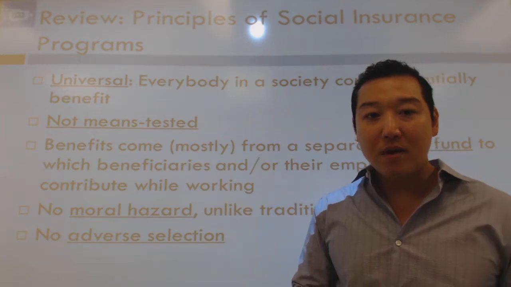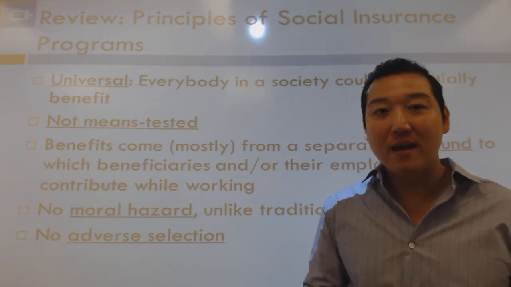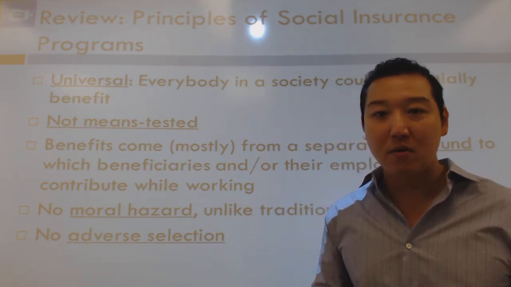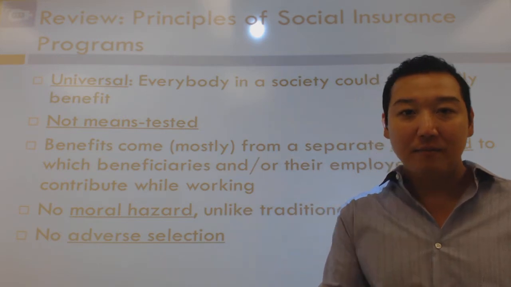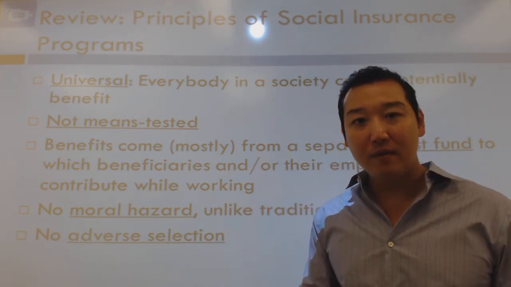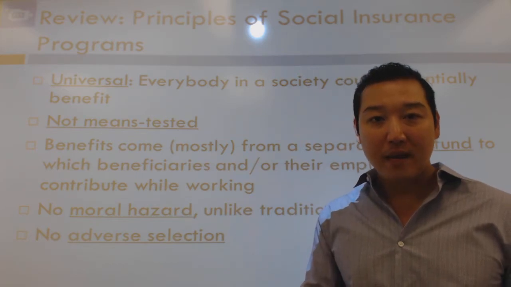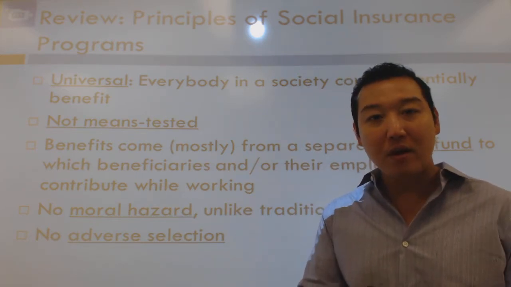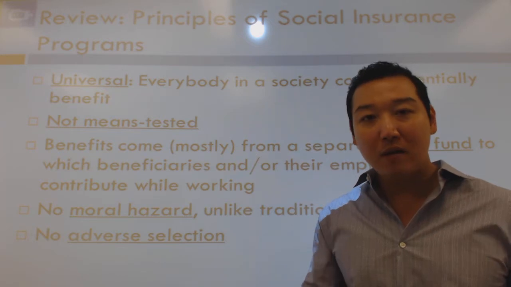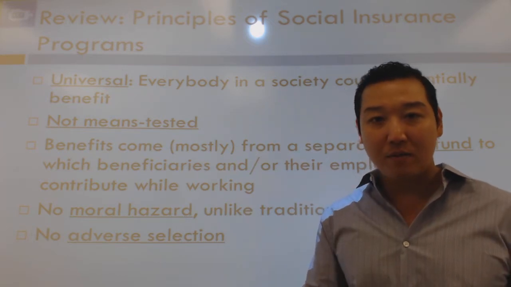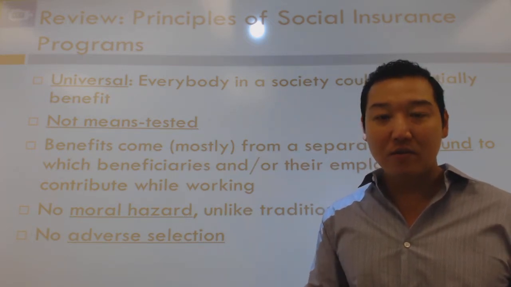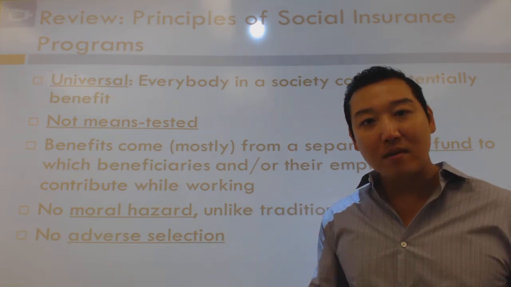So I just want to remind students that this is a social insurance program. And so in the last part of this course, we talked about the characteristics of social insurance programs, that they're universally available, right? We talked about universality, that anyone could potentially benefit as long as you've made the required contributions, and that's the case with Social Security. Of course, that means it's not means tested.